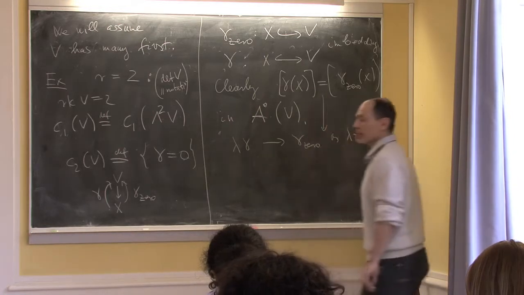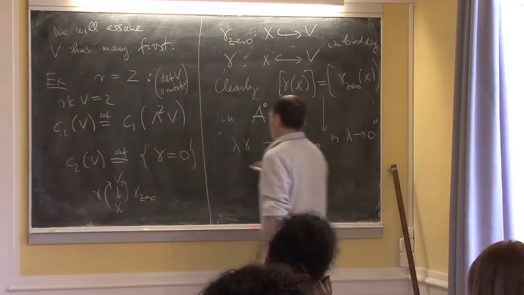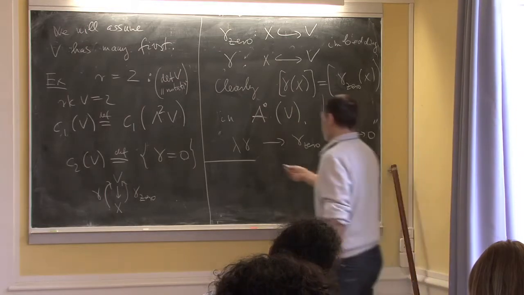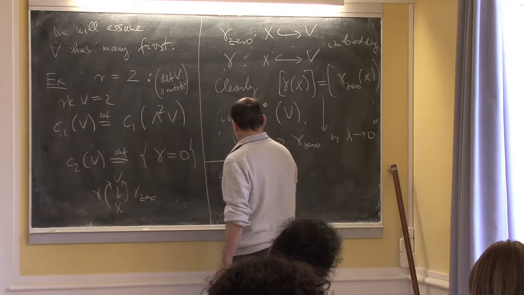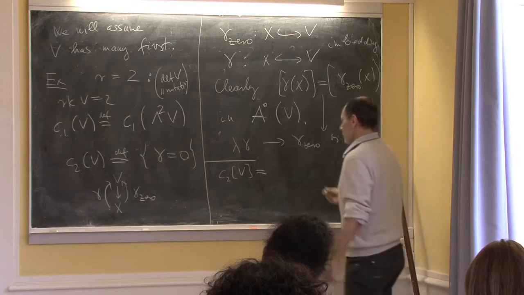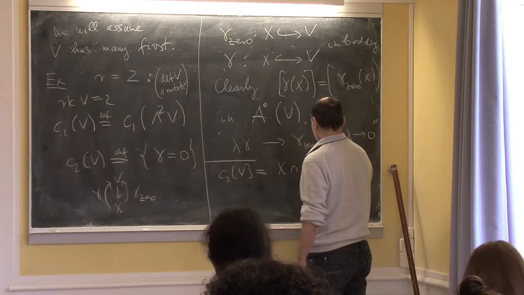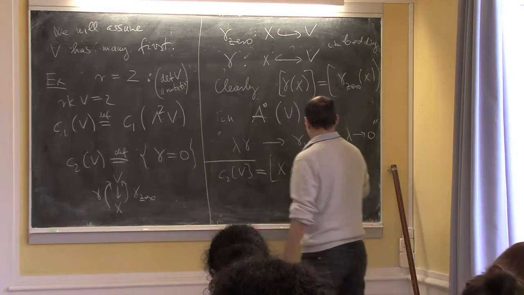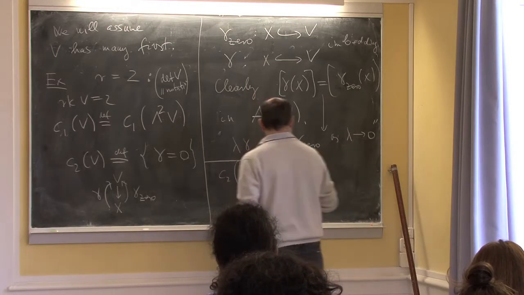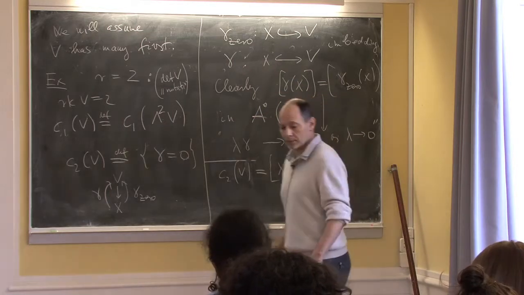And so what is the interpretation then of C2 of V? C2 of V can be interpreted, if this section is sufficiently transversal, which you can assume, as simply X intersecting X inside A, and then if you want, you can pull this back.